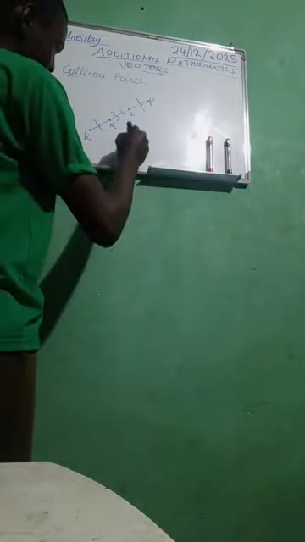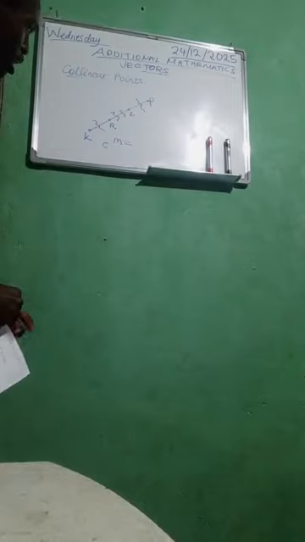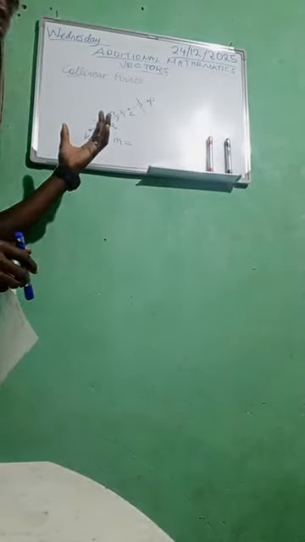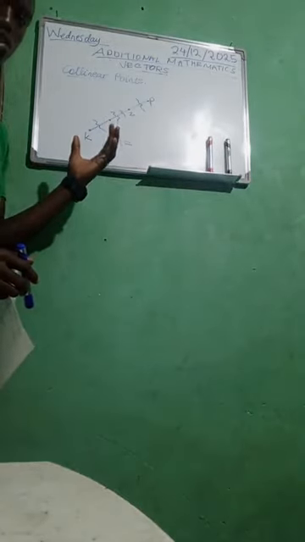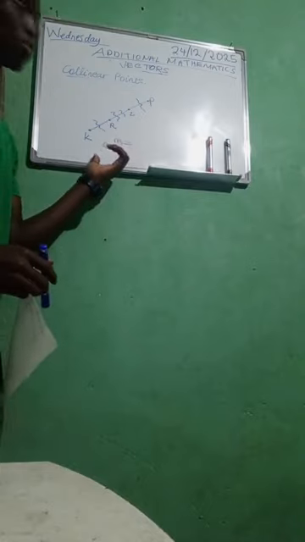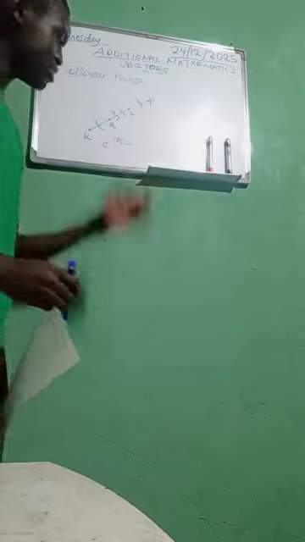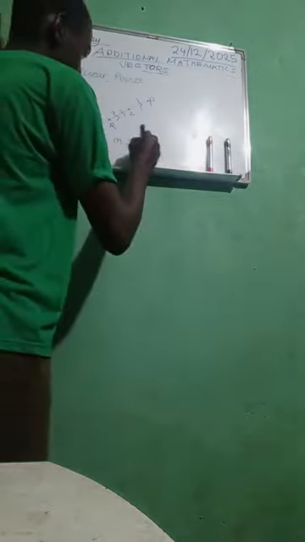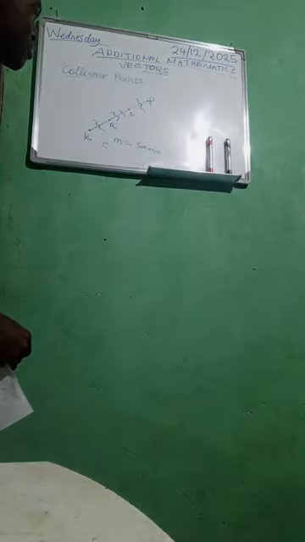The gradient is denoted by M. You don't need to know this. This is an introduction to vectors, so I'm not focusing on coordinate geometry. But if you're preparing for additional mathematics, you need to know this. So the gradient M is the same. That's what we're trying to stress. So collinear points have the same gradient.